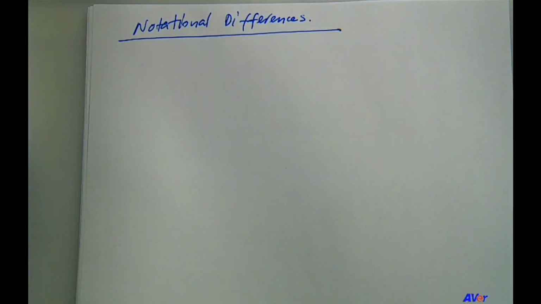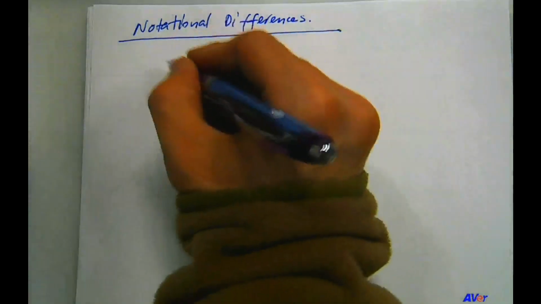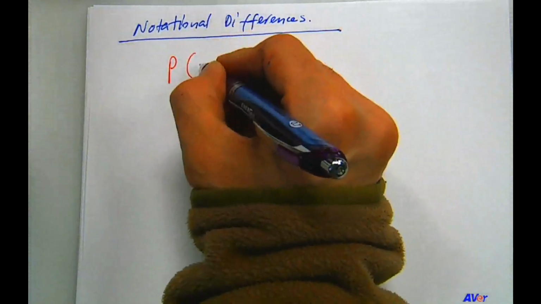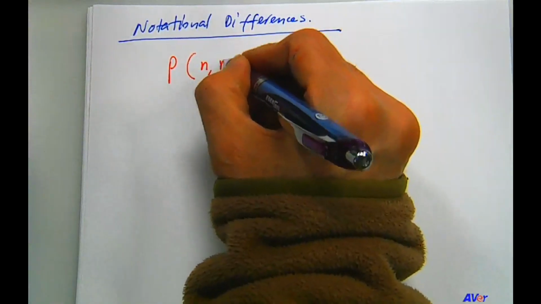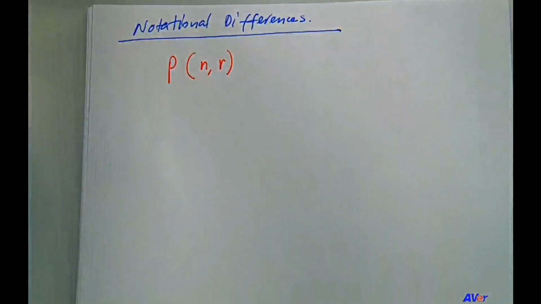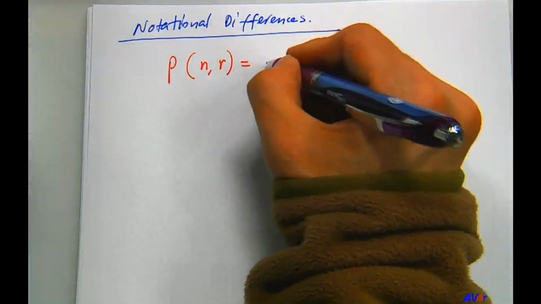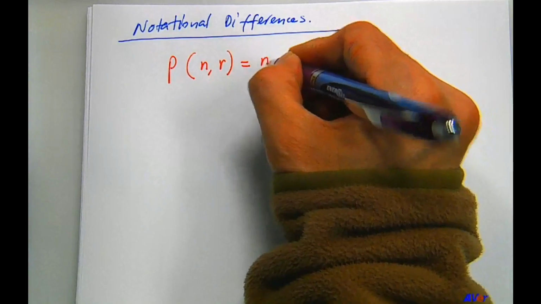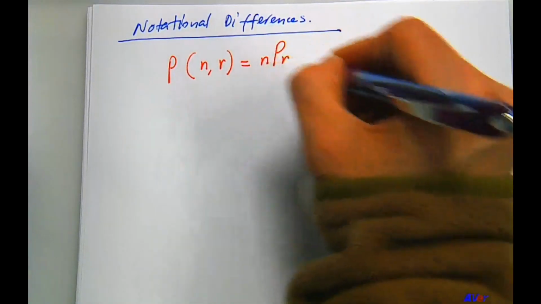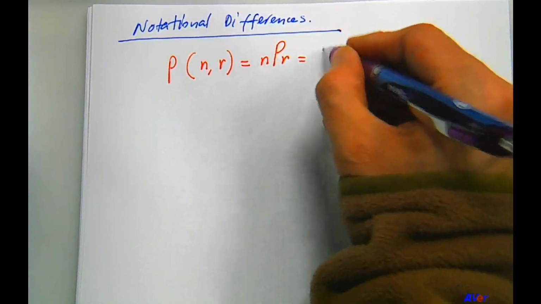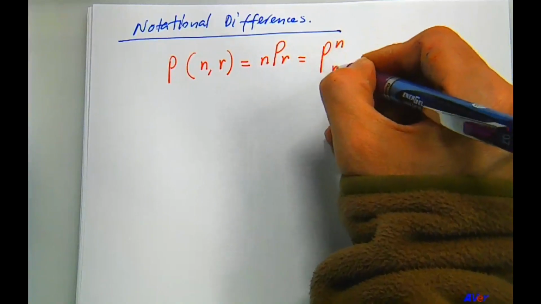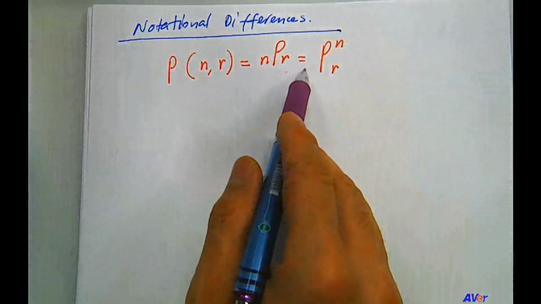So for permutation, we have either this notation, an author might use that notation, and I'll explain what this means, which is equal to the next notation, or they might use this notation, or they might use this notation. These are all equivalent to each other.